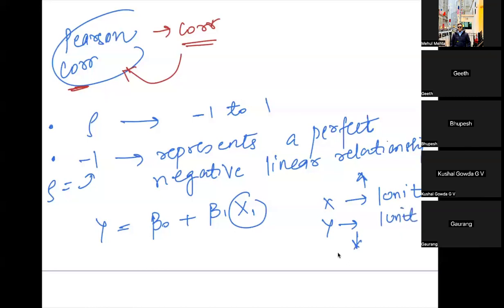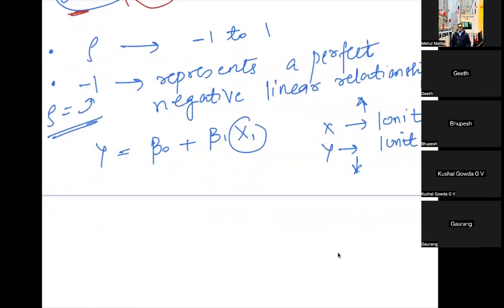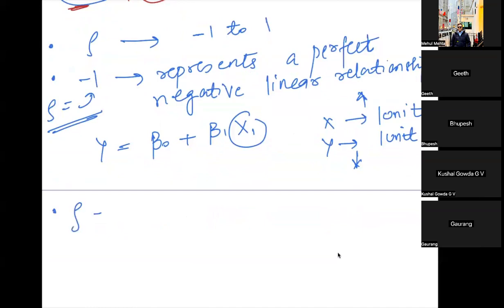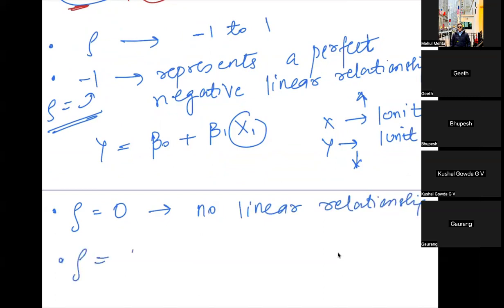Rho equal to 0 means there is no linear relationship. And rho equal to +1 means a perfect positive linear relationship.